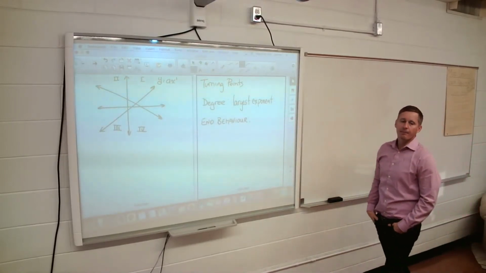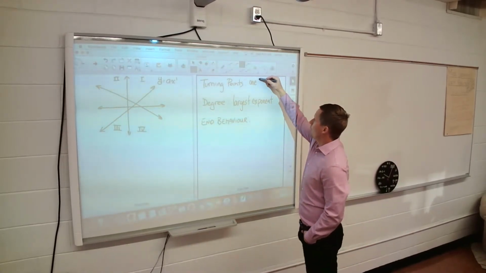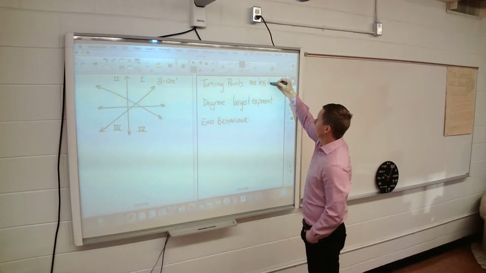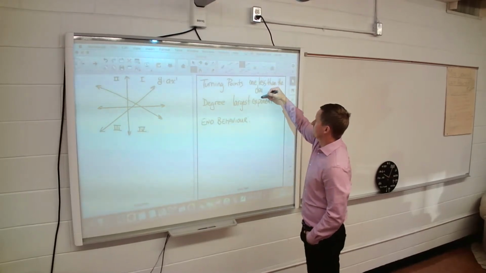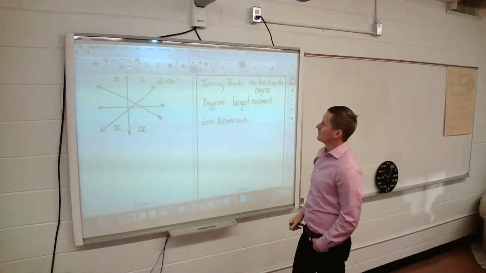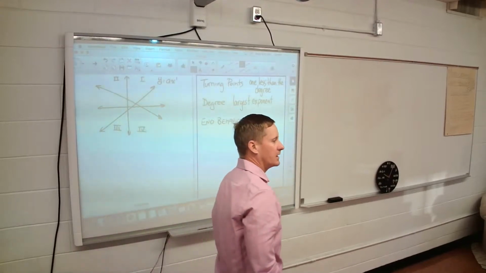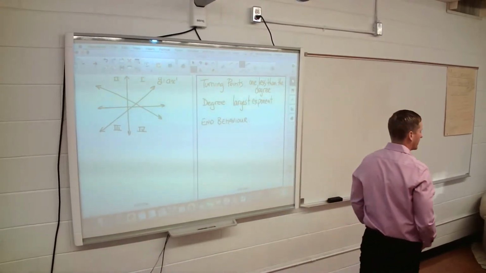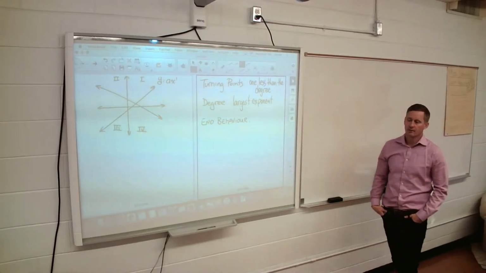The number of turning points will always be 1 less than the degree. New to you. So if the degree of a linear equation is 1, how many turning points are there? 0. There's no turning point, so it doesn't turn.